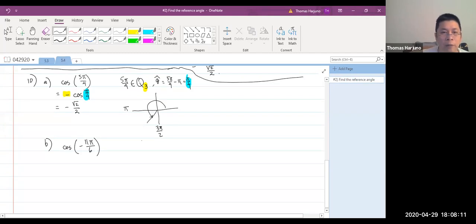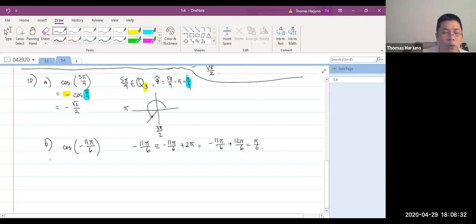So negative 11 pi over 6 is coterminal to negative 11 pi over 6 plus 2 pi. Now that will be negative 11 pi over 6 plus 12 pi over 6. That's pi over 6.